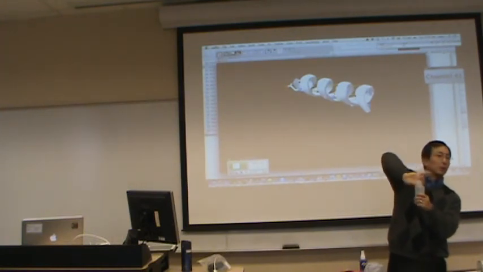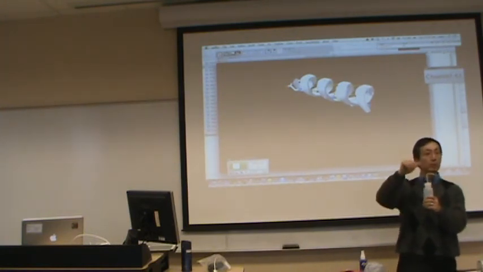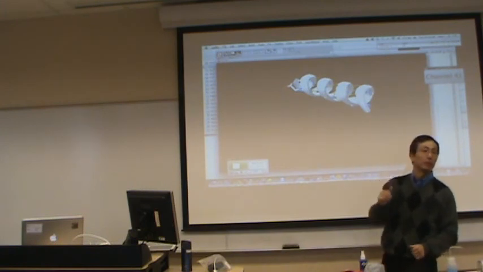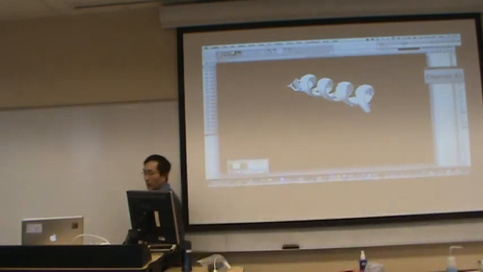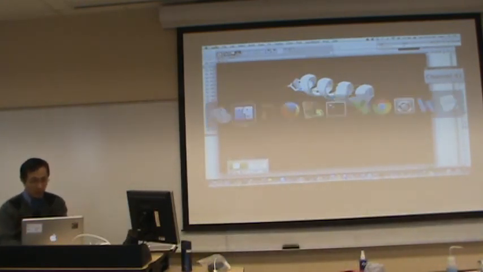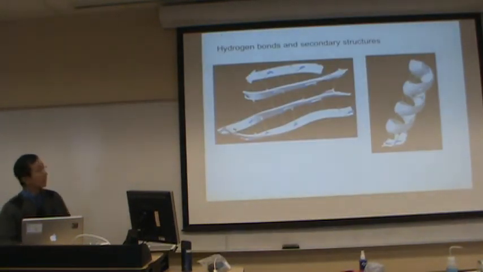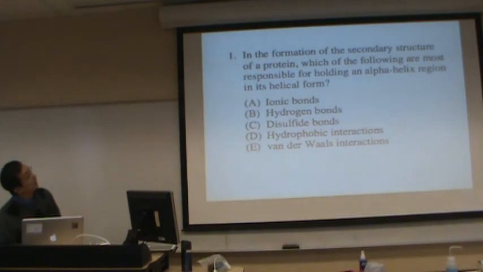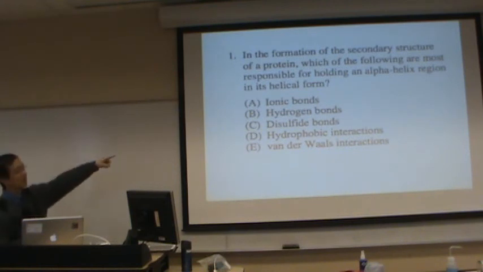Either way, it's also right-handed. It doesn't matter how I flip it. Well, I already told you the main bond in alpha helix is the hydrogen bond along the axis.